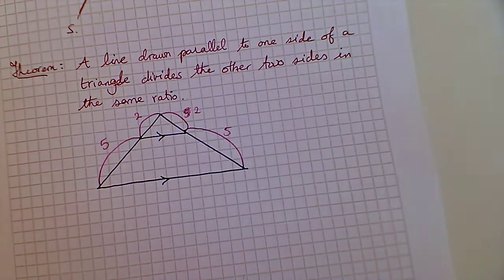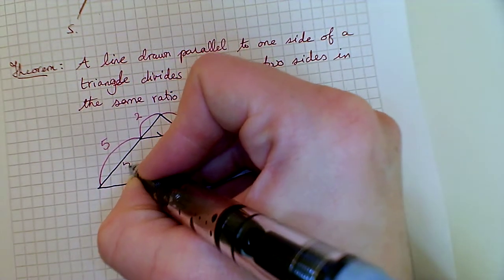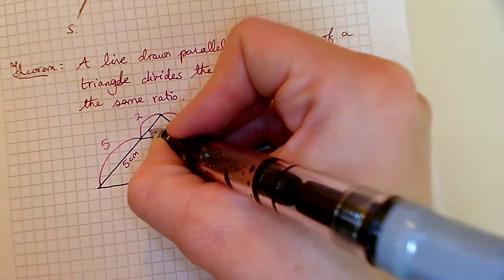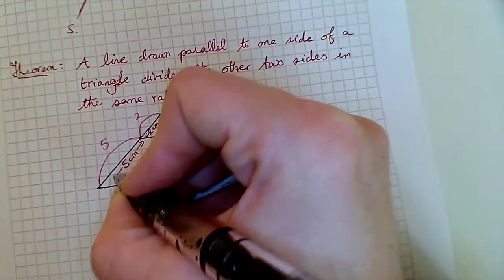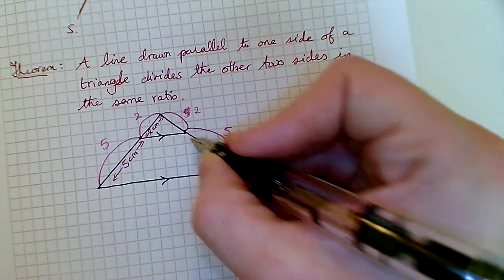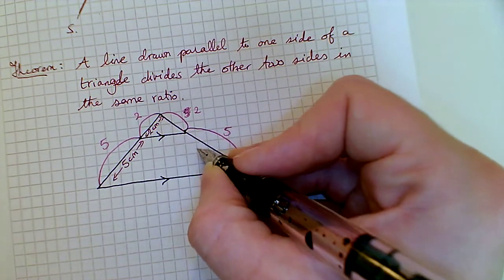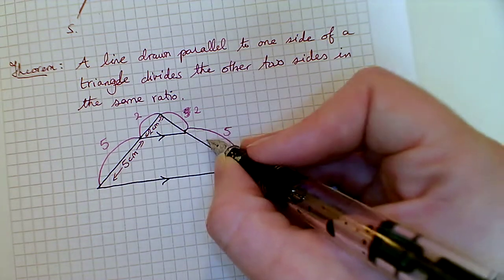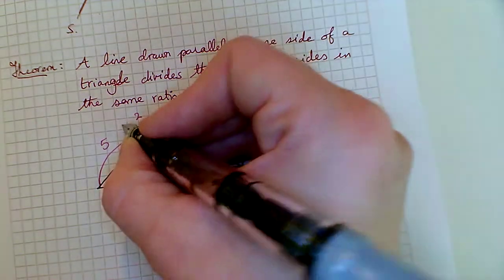Well, if I knew that this distance here was 5 centimeters and that this distance here was 2 centimeters, and then if I knew that this one over here was, say, 10 centimeters, so the 5:2 is the ratio, it's not the actual measurement.